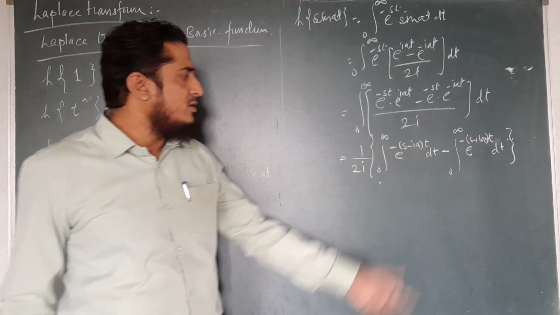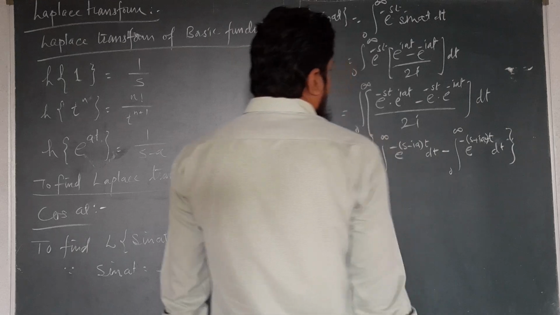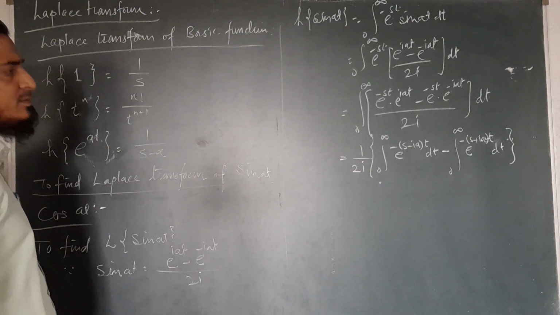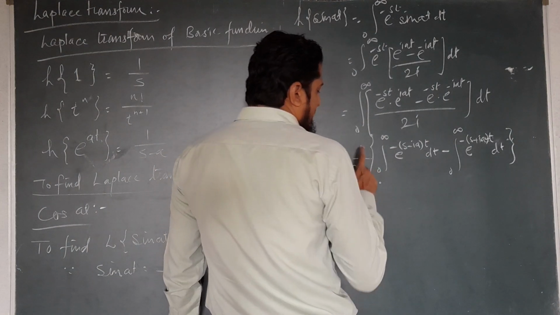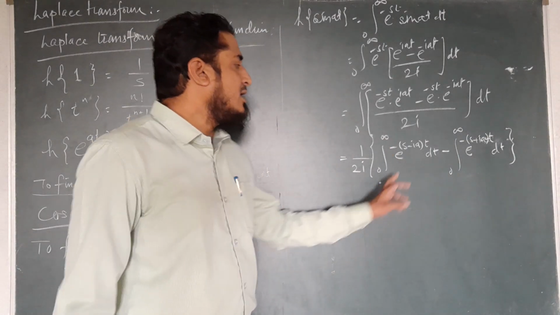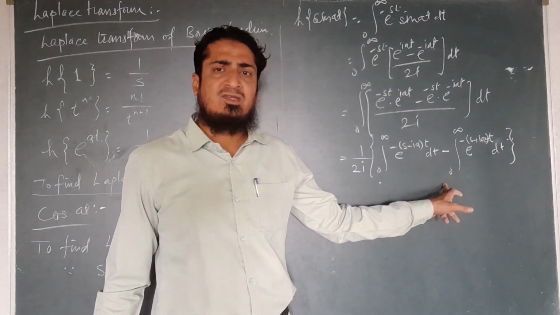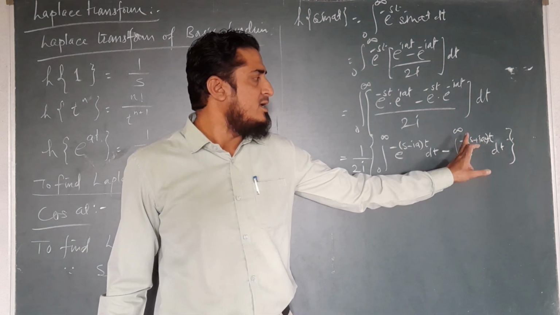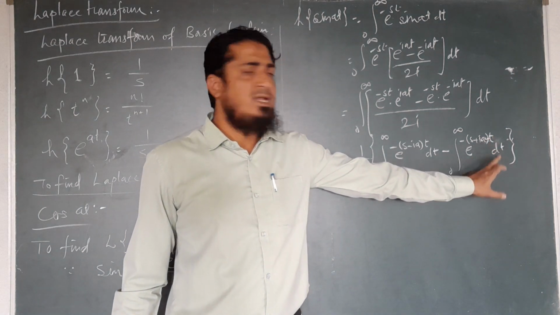As we know, integration is distributive over two functions having addition between them. So we have 1 upon 2i into integration from 0 to infinity e raised to minus (s minus ia)t dt, minus integration from 0 to infinity e raised to minus (s plus ia)t dt.